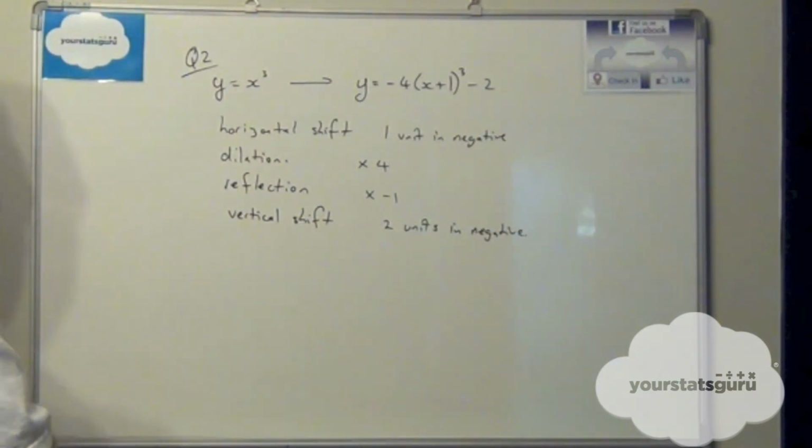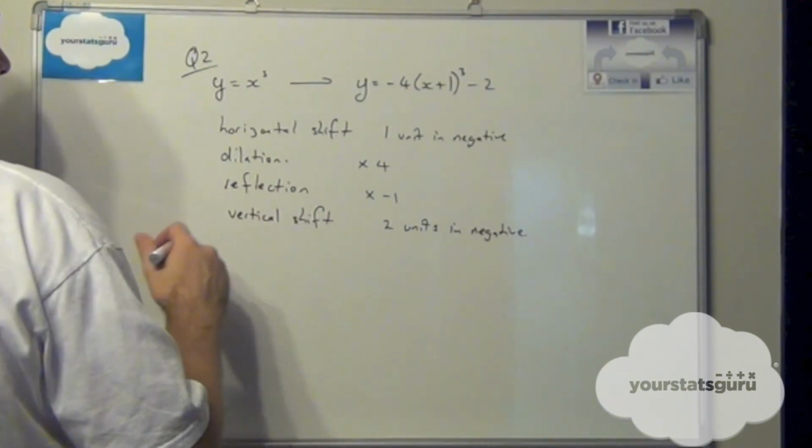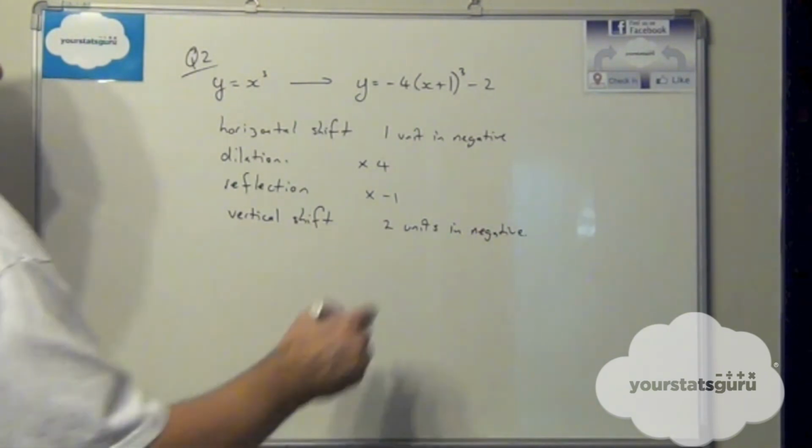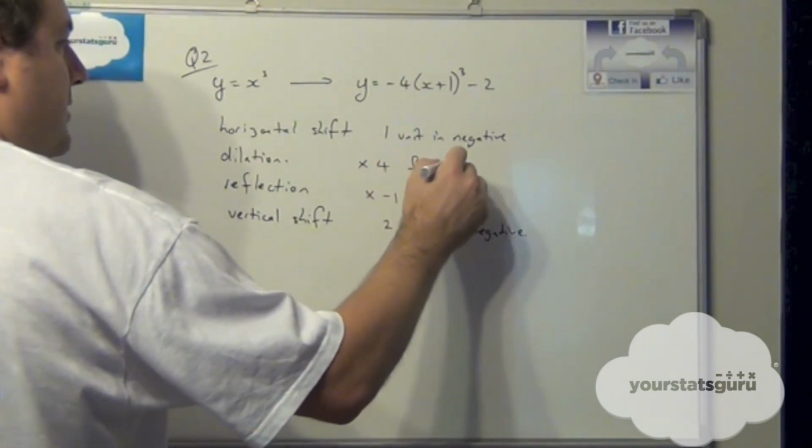The question comes to the dilation, is it from the x-axis or from the y-axis? And according to the way that they want you to describe it, this would be from the y-axis.